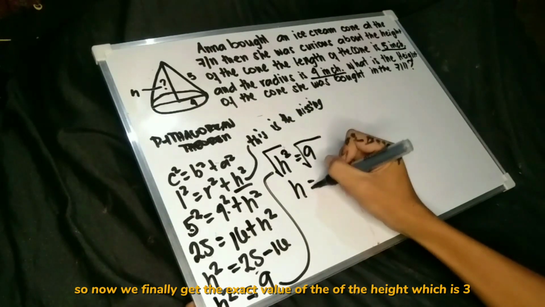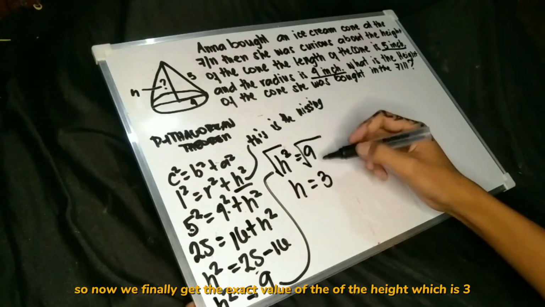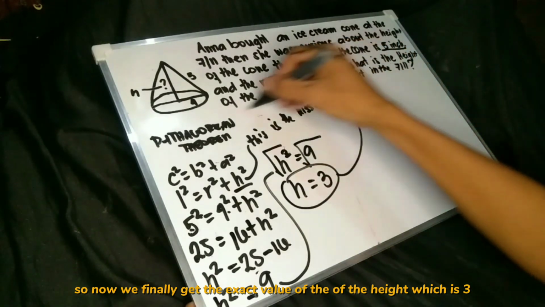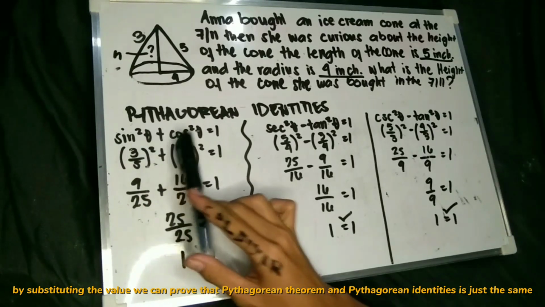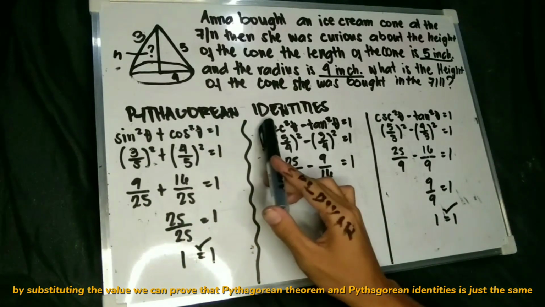So now we finally get the exact value of the height, which is 3. By substituting the values, we can prove that the Pythagorean theorem and Pythagorean identities are just the same.